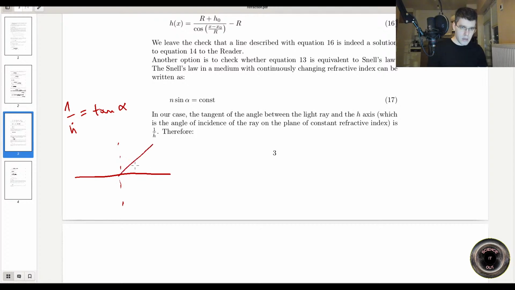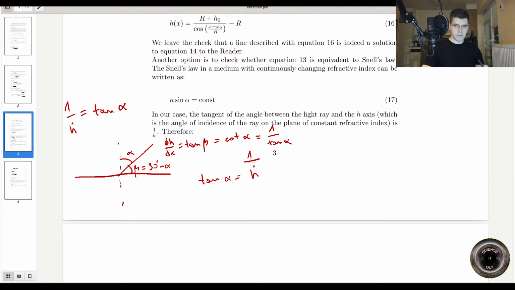So if the ray is going at an angle alpha here, the derivative dh over dx is the tangent of this beta here, which is cotangent of alpha, because this is simply 90 degrees minus alpha, and cotangent is 1 over tangent. So that means that tangent of alpha is equal to 1 over h dot.